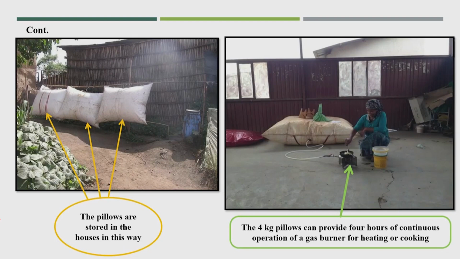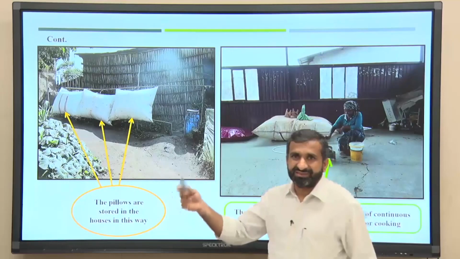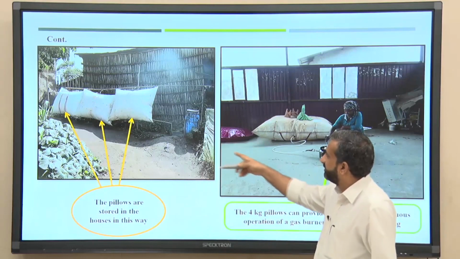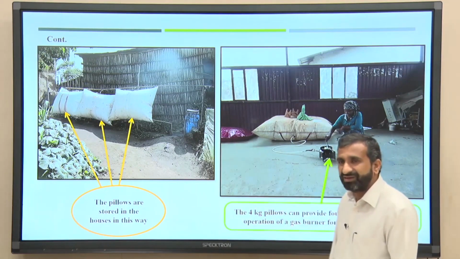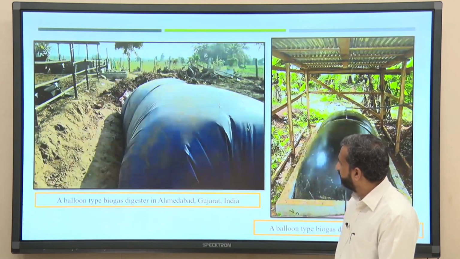The 4 kg pillows can provide 4 hours of continuous operation of a gas burner for heating or cooking. So, the production is somewhere else, but the same bags you can take out and bring to different houses for cooking purposes.